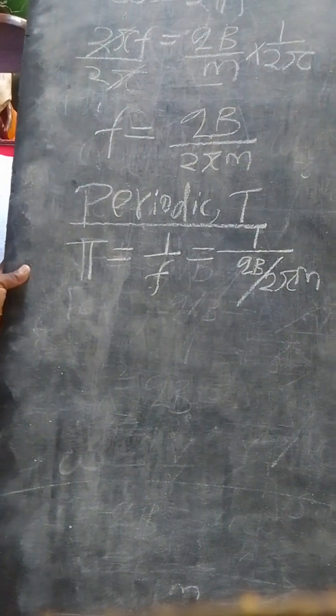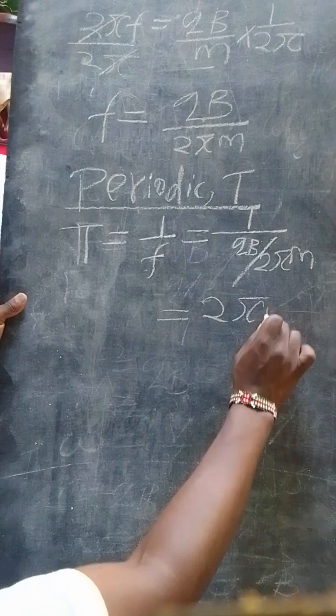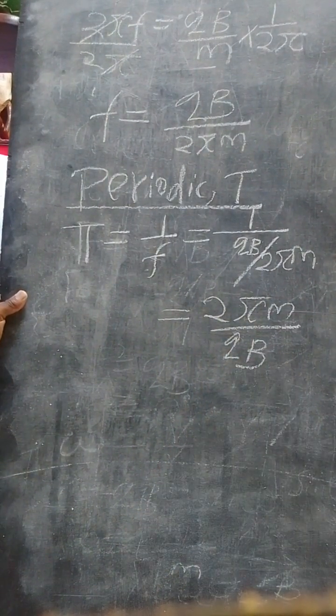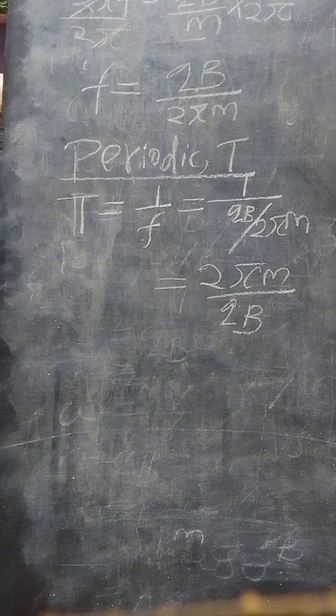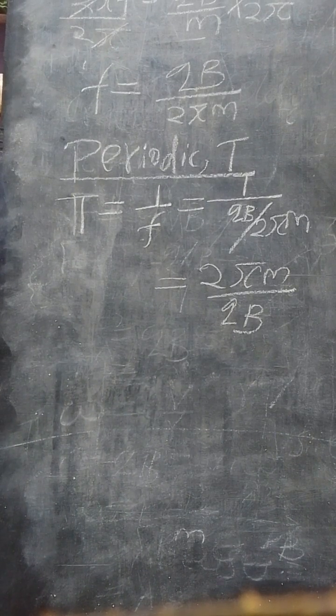Now this one, when we resolve it mathematically, it becomes 2πM over QB. That is the periodic time that particle will take as it makes a particular number of oscillations per second.